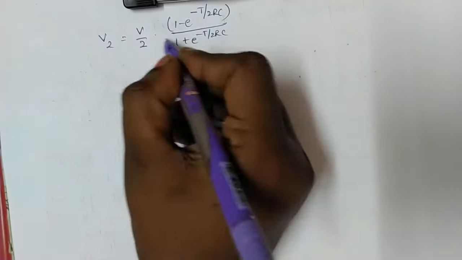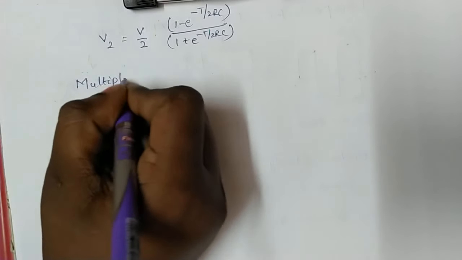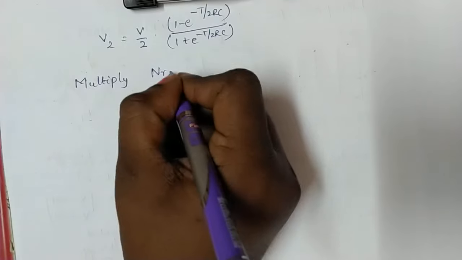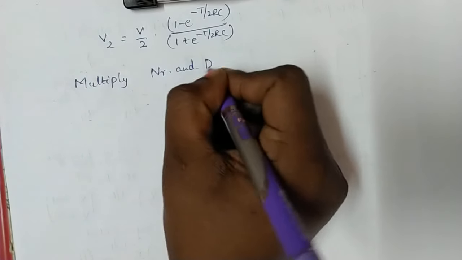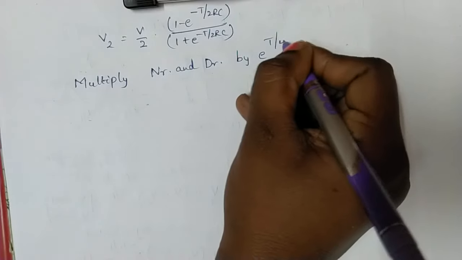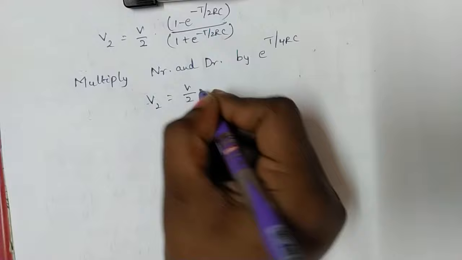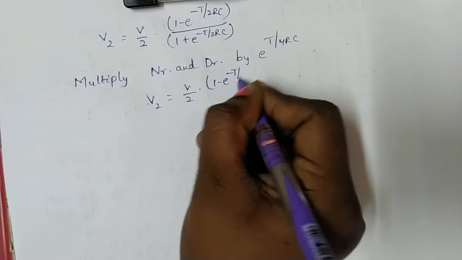In order to simplify this one, you have to multiply numerator and denominator by e power of t by 4 RC. Now multiply numerator and denominator by this term, then you will get it like this.